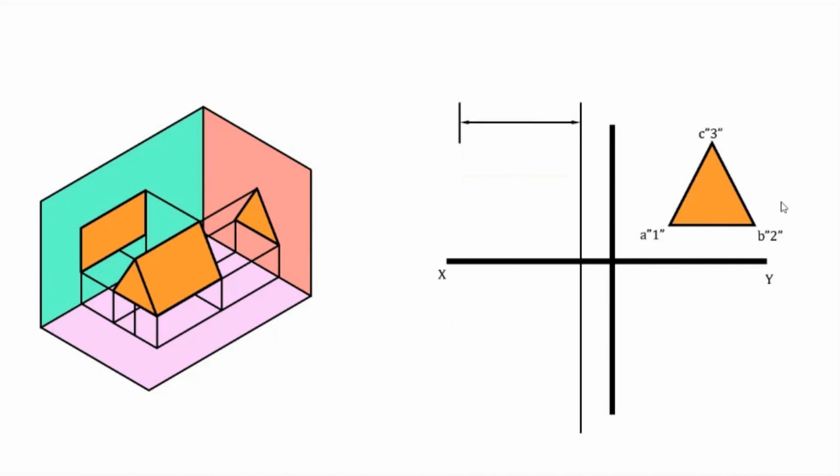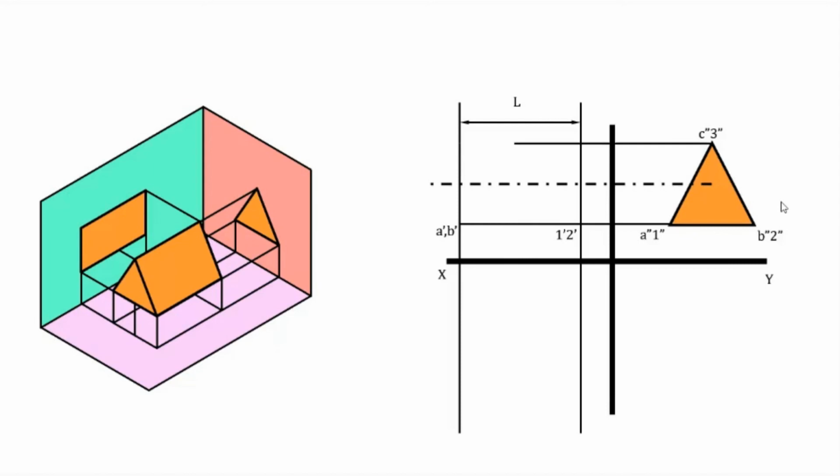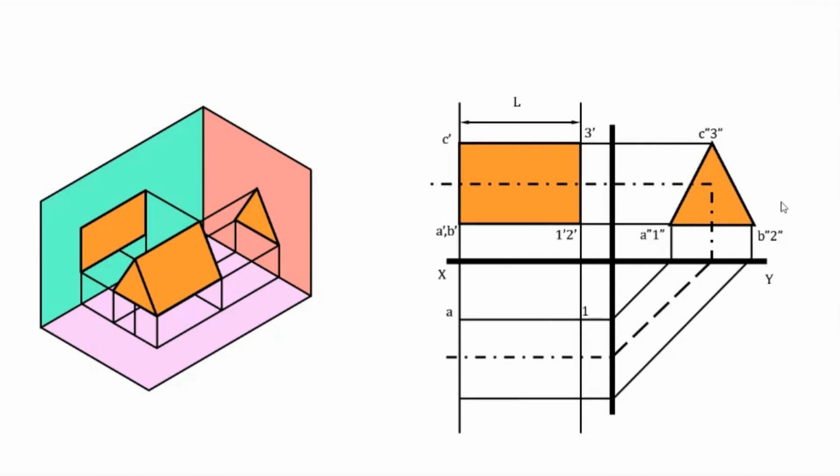Then two projectors which represent the end faces in the front view and the top view of the triangular prism, then the axis in the front view and the edges in the front view, then the axis in the top view, then the edges in the top view. That is it.